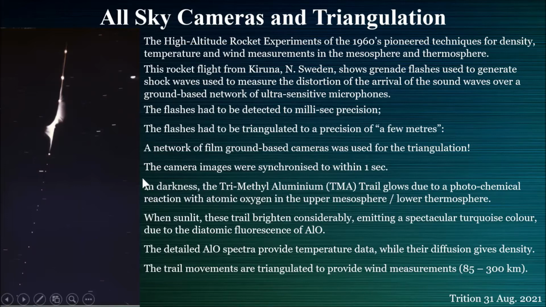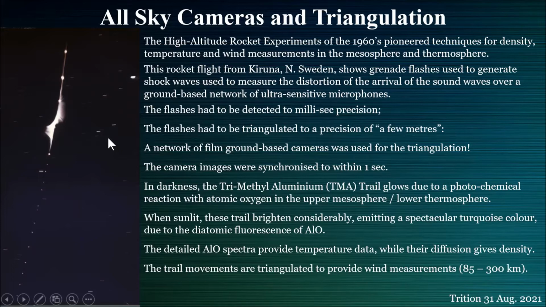The nice thing, which became very pretty, but which had a downside I'll get to later on: the trimethyl aluminum trails glow by means of a photochemical reaction with atomic oxygen at low altitudes and at nighttime. When they get into sunlight, and this particular experiment went into pre-sunlight and then the sun rose on the TMA trail, it makes a beautiful turquoise blue color.